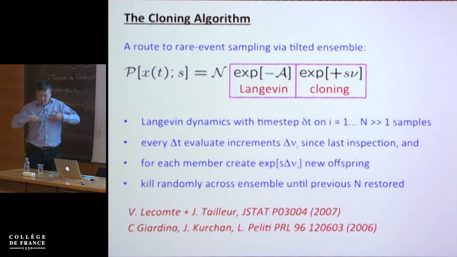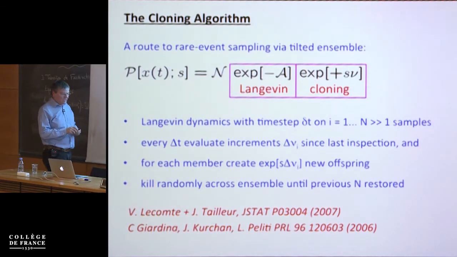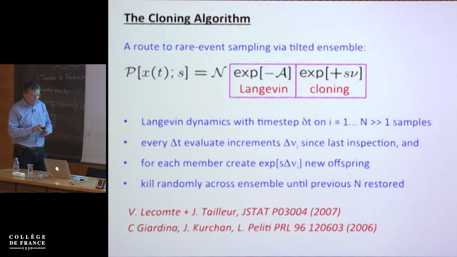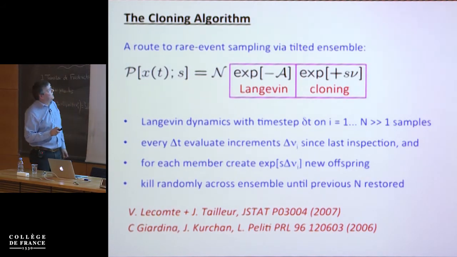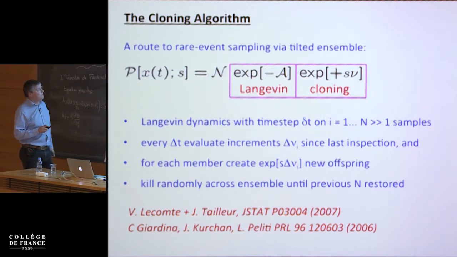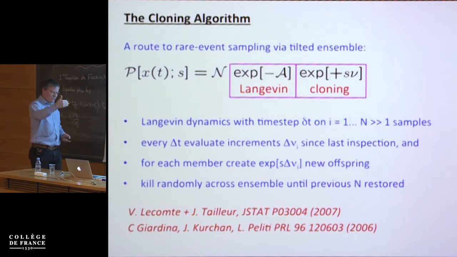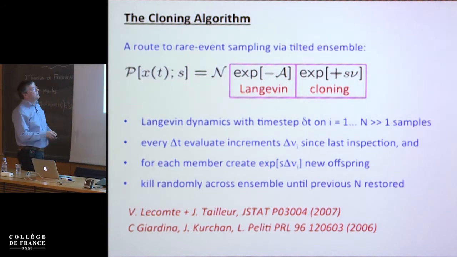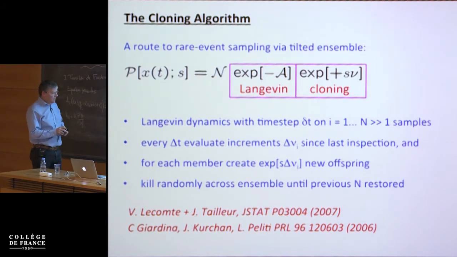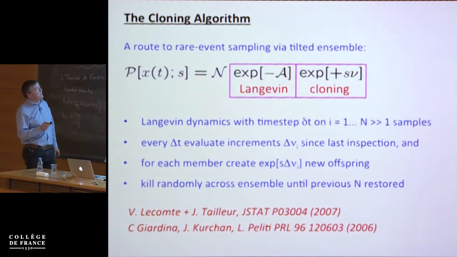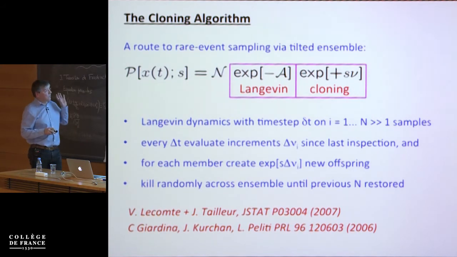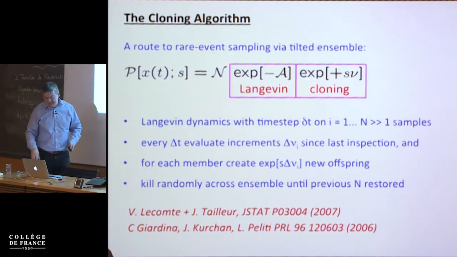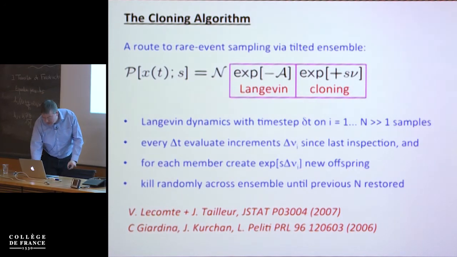So you have, say, a whole bunch of systems flipping heads and tails, and you look at whether it's been close to 60-40 in the last few minutes, and if it has, you make multiple copies of that particular realization, and you kill off enough other copies to keep the total number of copies the same. That way you can basically force the dynamics to have this, say, 60-40 ratio on an indefinite basis by this kind of pruning. And this can be shown to create the tilted ensemble if you do it correctly, and therefore something which is equivalent to this filtered ensemble I mentioned previously.